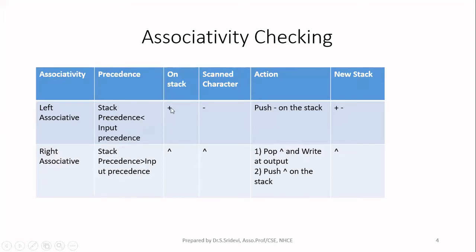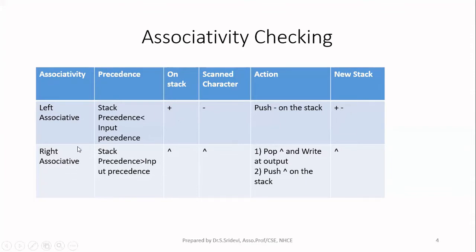For example, if your stack is containing the character plus, if you are scanning the character minus, both are having the same precedence. So in that case, you have to check the associativity. This is having lower precedence than minus, so you will be pushing this minus on the top of plus. So after this is over, your stack will contain plus and minus.